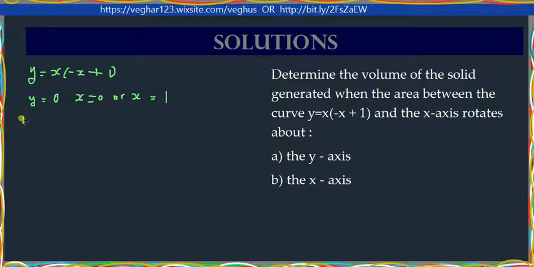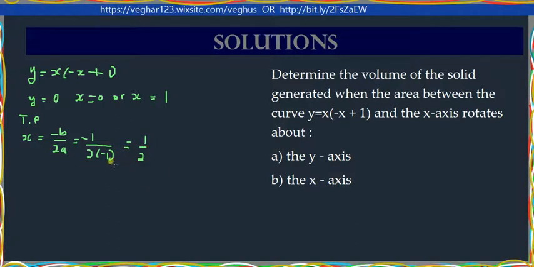Then for the turning point, we use this equation x equals negative b over 2a. Then substituting this value, our b here is 1, and our a is negative.